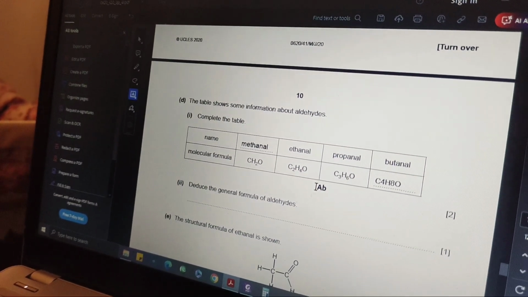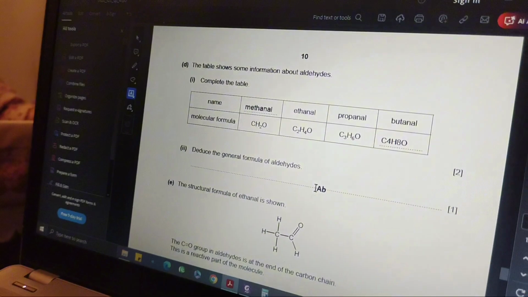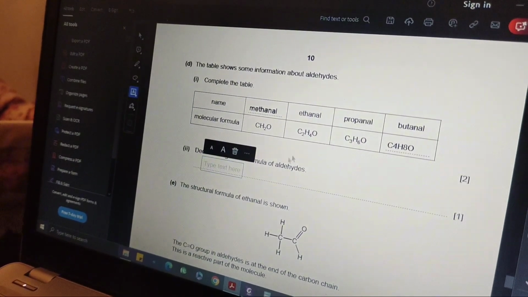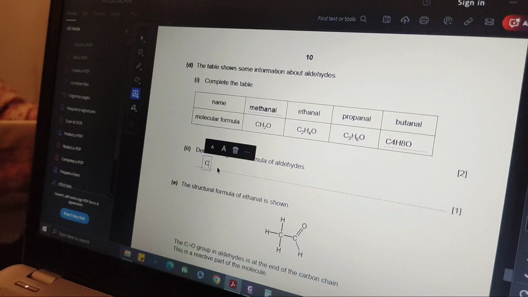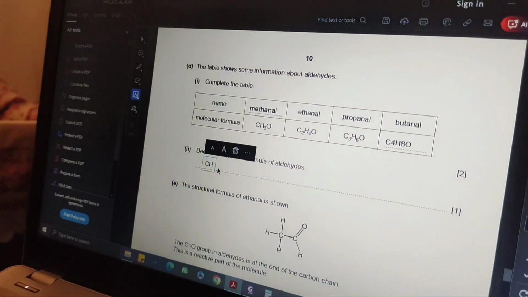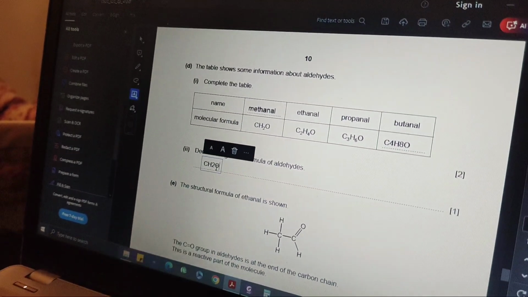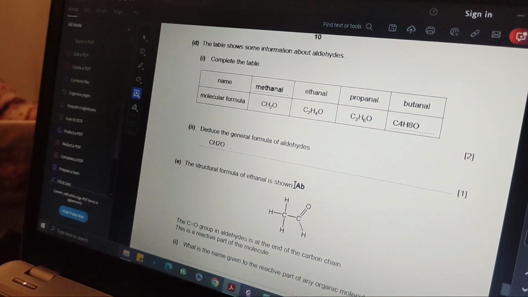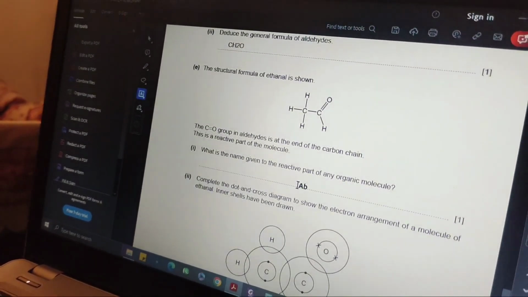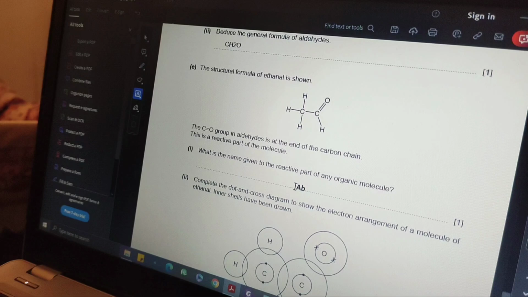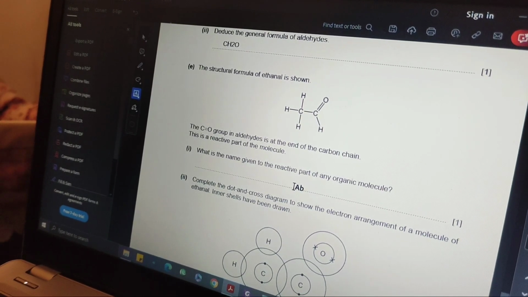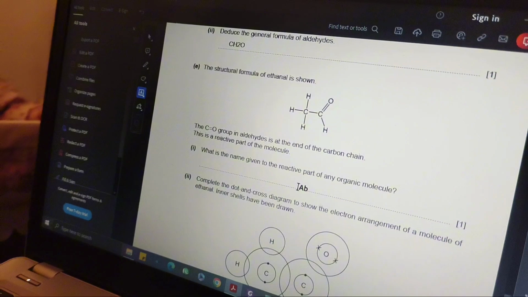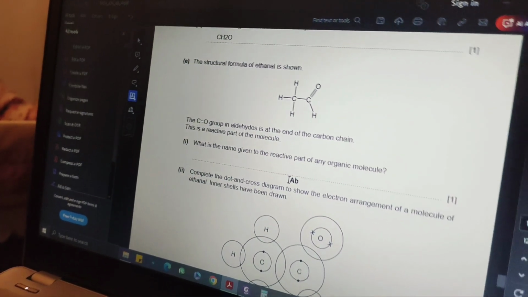Deduce the general formula of aldehydes. Following these formulas, we can just say it is CnH2nO. The structural formula of ethanal is given here. The C double bond O group in aldehyde is at the end of the carbon chain. What is the name of the reactive part of the organic molecule? That is the functional group.